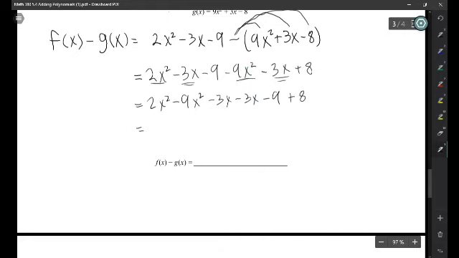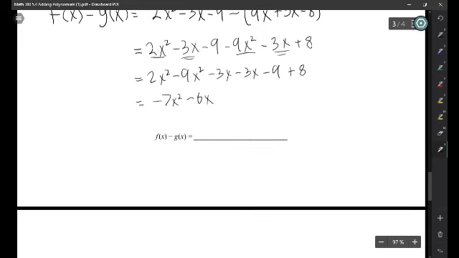Well, that works out to be 2 minus 9 for the x squared terms, negative 7x squared. And for the x terms, negative 3 minus 3, well, negative 6, negative 6x. And then for the constant terms, negative 9 plus 8, negative 1. So f of x minus g of x is negative 7x squared minus 6x minus 1.